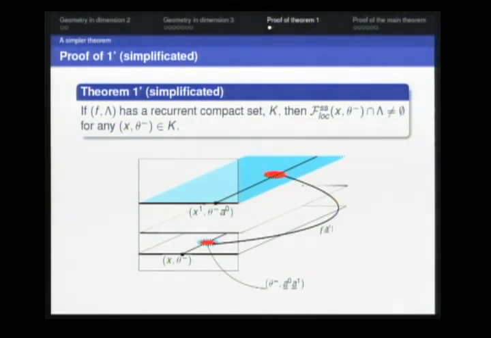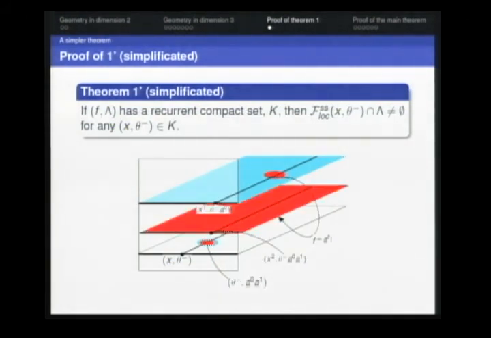We have, again, this cylinder, a renormalization operator associated to this, which sends it back to the interior of the recurrent compact set. So again, same argument, we have another cylinder.